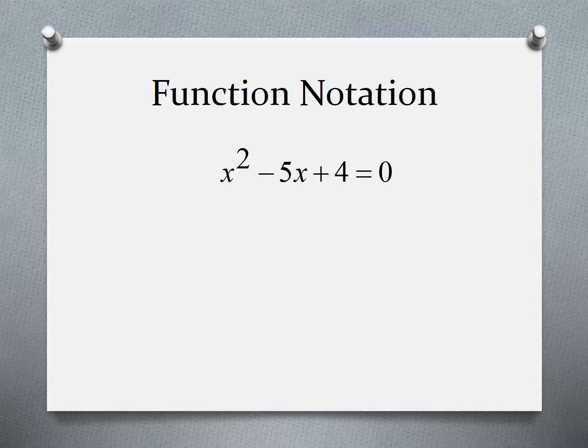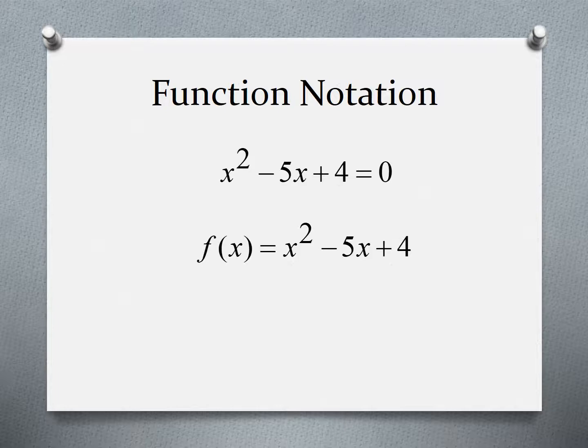Now, let's use function notation to help us use graphing as a method to solve our given quadratic equation. Here is the equation, x squared minus 5x plus 4 is equal to 0. Remember that this can be written, if it is a function, in function notation, where I'm going to use the main part of my quadratic equation, that x squared piece, that x to the first piece, and that x to the 0 piece, or in other words, that x squared minus 5x plus 4.